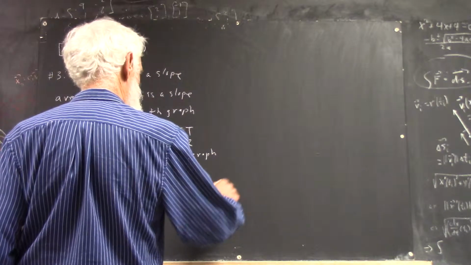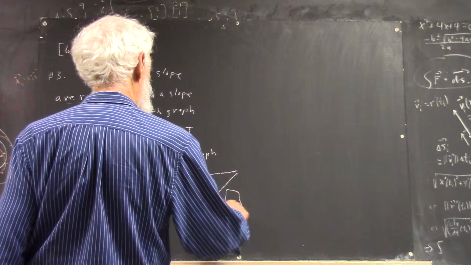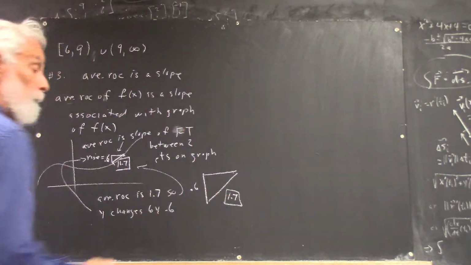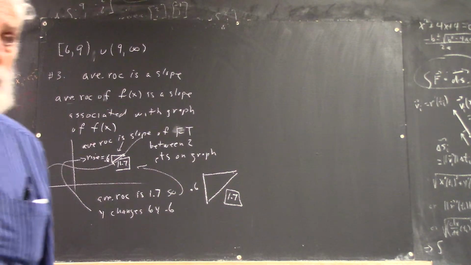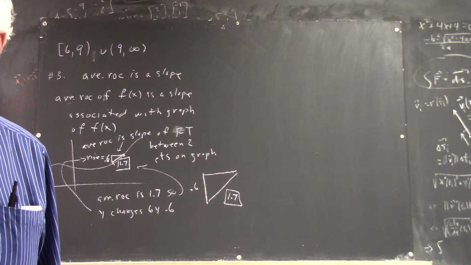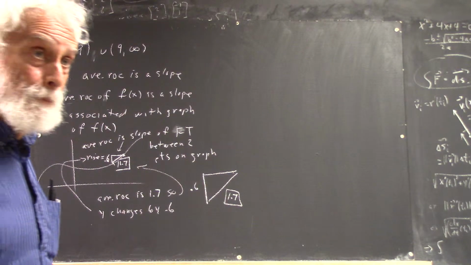So let's draw a little bigger version of this fundamental triangle. We've got 1.7 here, we've got 0.6 here. Now what can we do with that information? You can find the run. How do you do that?